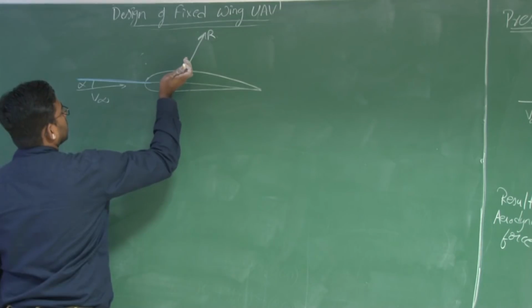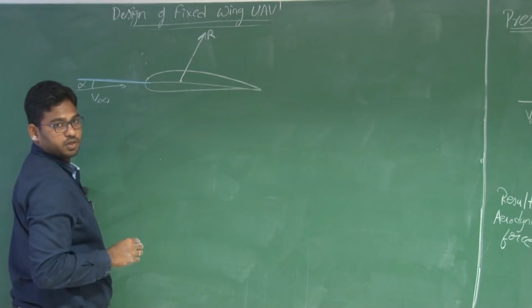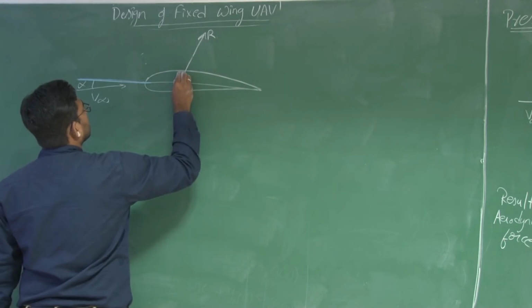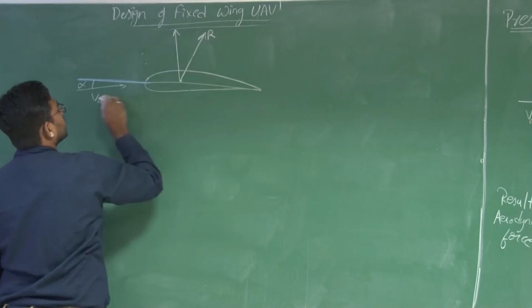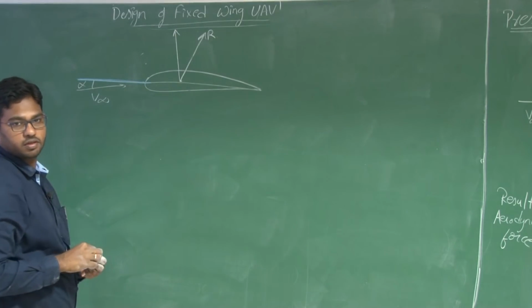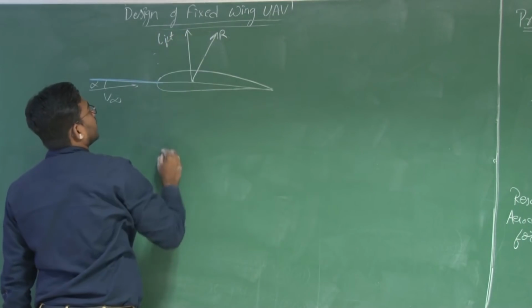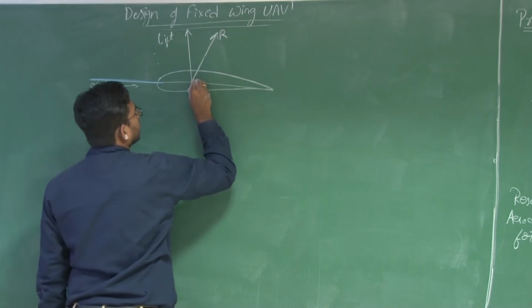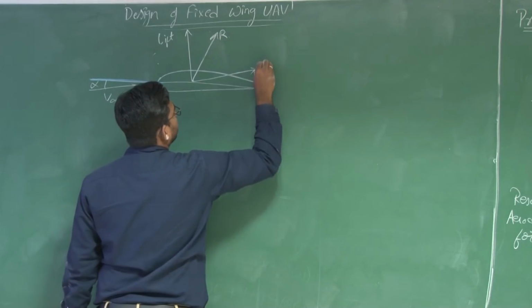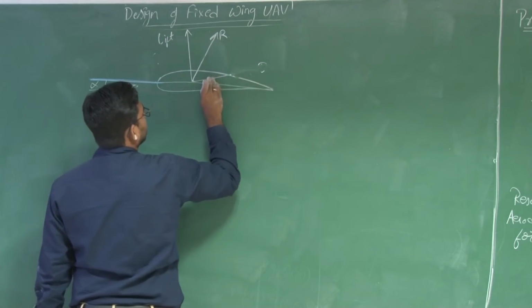So now a component of this resultant aerodynamic force acting perpendicular to free stream is lift, and a component of this resultant aerodynamic force which is acting parallel to free stream is drag.